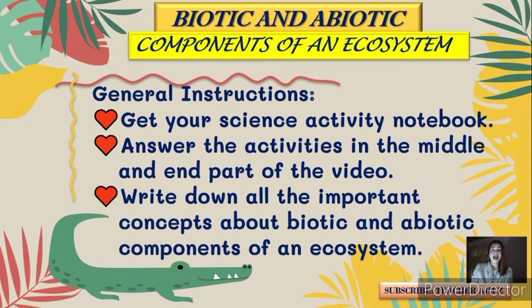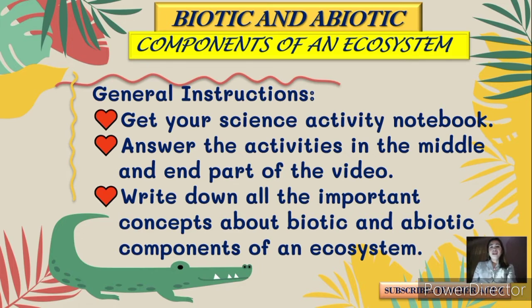So, I want you to get your science activity notebook, answer the activities in the middle part and end part of this video, and write down all the important concepts about biotic and abiotic components of an ecosystem. Are you ready?